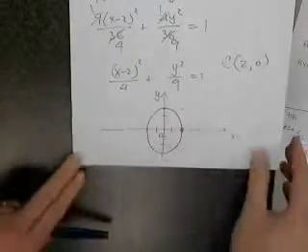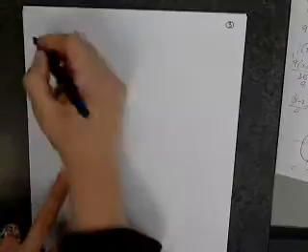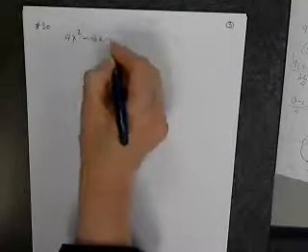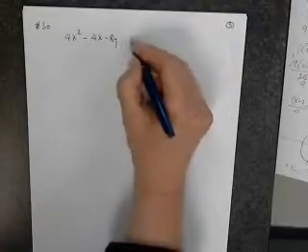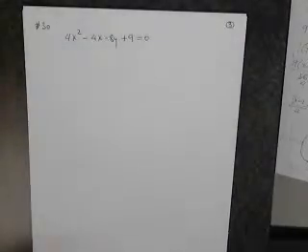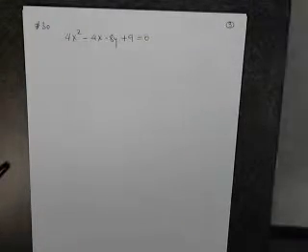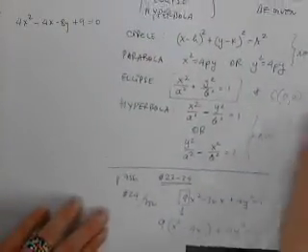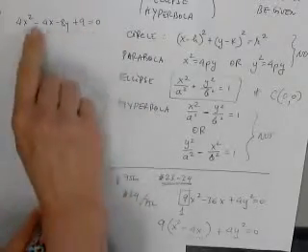Let's look at 30. X squared minus 4x minus 8y plus 9 equals 0. Now, by simply looking at this list, this does not have a y squared.